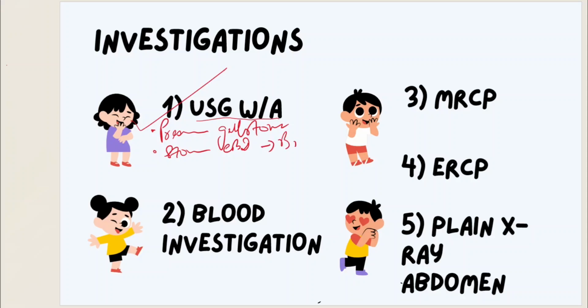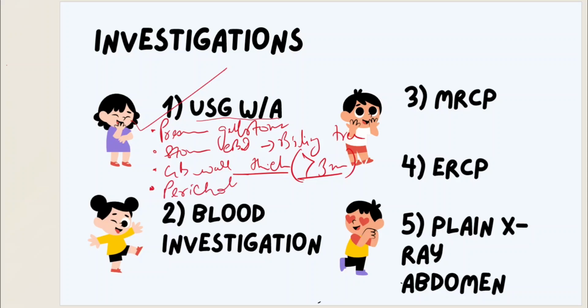That means we see the biliary tree. Then we can look for GB wall thickness. If it is more than 3 mm, it is said to be thick, seen in acute cholecystitis or malignancy. Pericholecystic fluid collection is seen in case of acute cholecystitis.